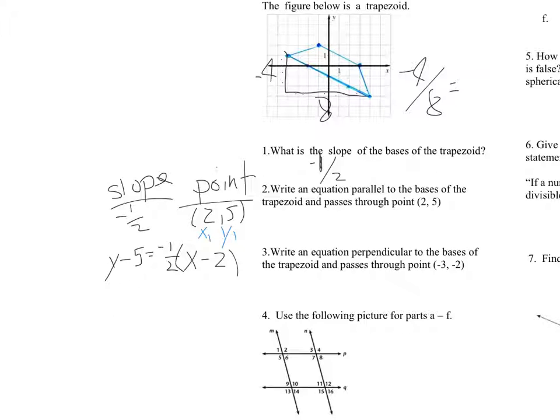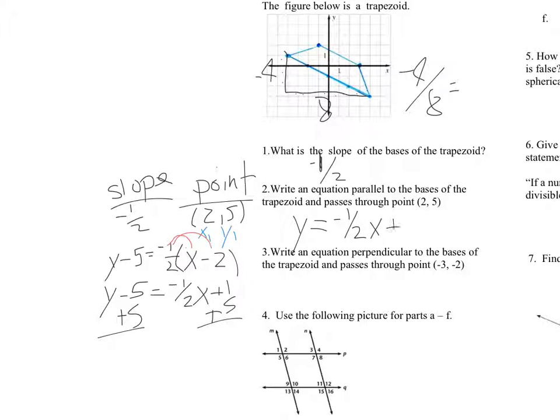And then it's a two-step process. Distribute the slope, the negative 1/2 in this case. All right. So negative 1/2 x. Negative 1/2 times negative 2 is positive 1. And then plus 5 plus 5. Your equation should be y equals negative 1/2 x plus 6.